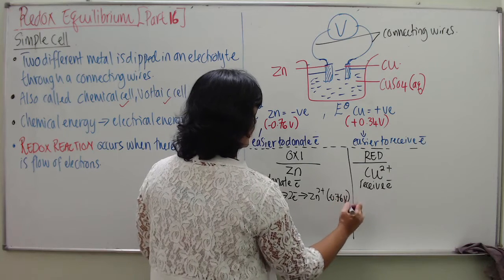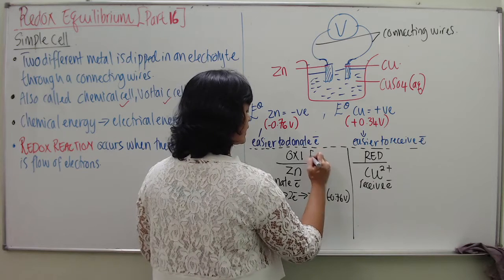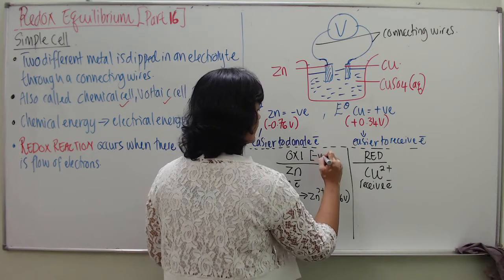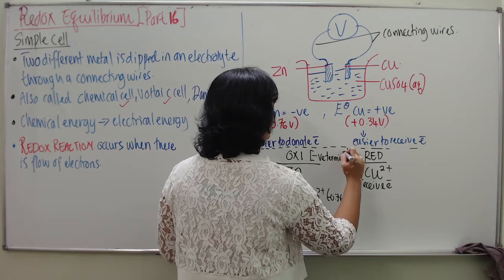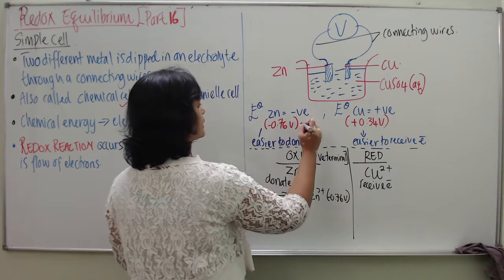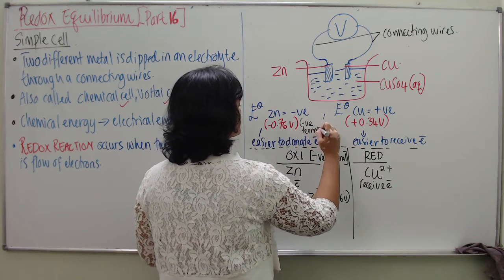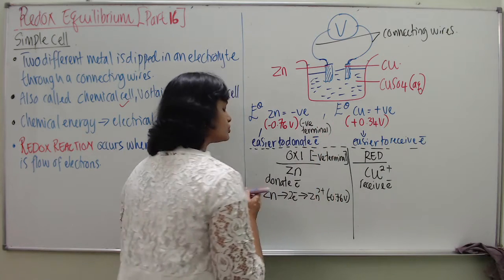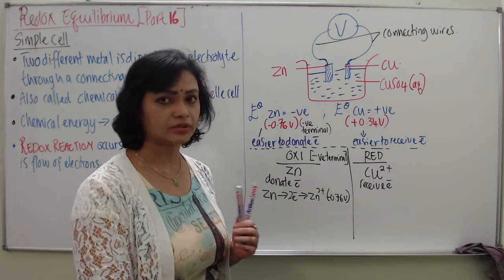0.76 volt, and thanks to becoming a negative value, we can say that oxidation happens at negative terminal, and we can say that zinc will become negative terminal. Okay, so I hope students can watch this video few times in order to understand this concept.